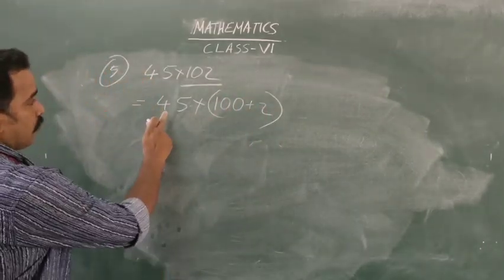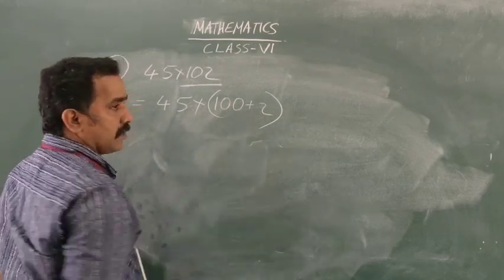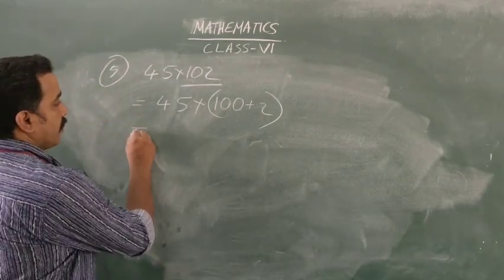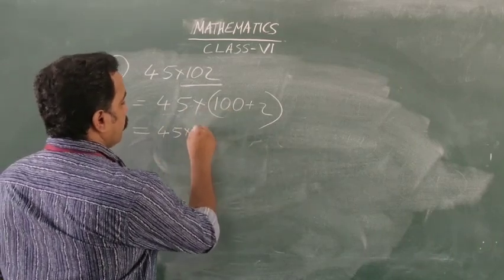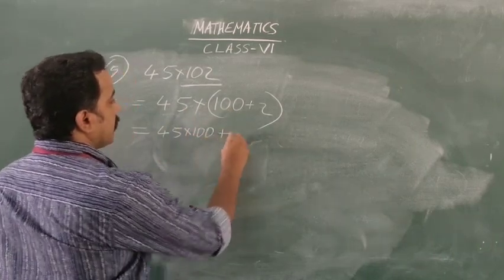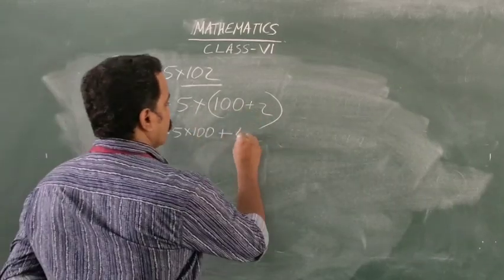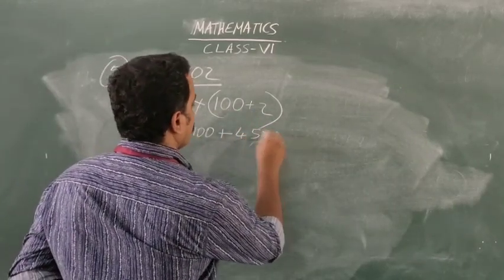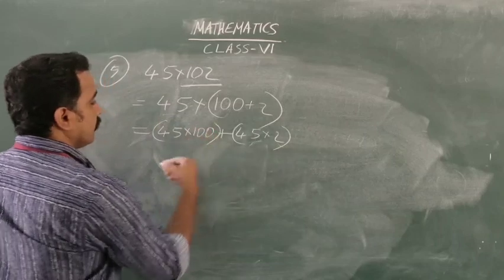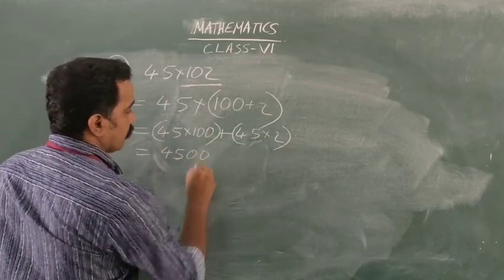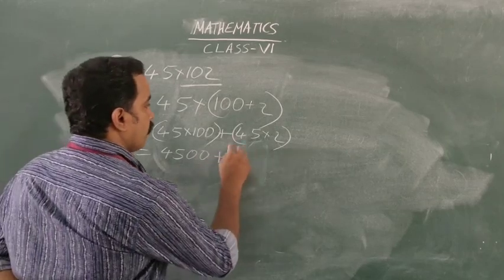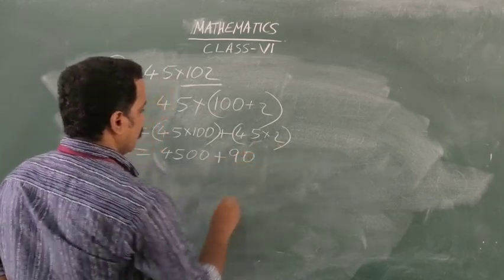So look, a into (b plus c), in that form we can use the distributive property. So 45 into 100, then plus 45 into 2. 45 into 100 is 4500. 45 into 2 is 90.